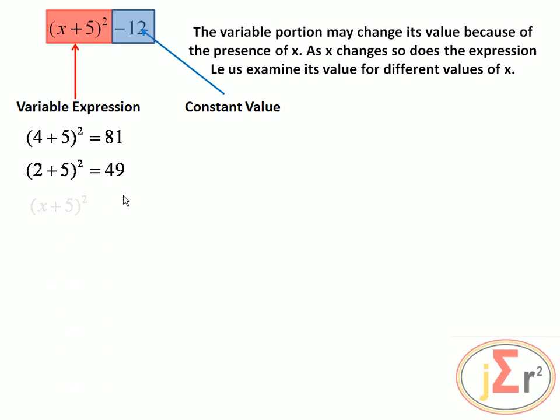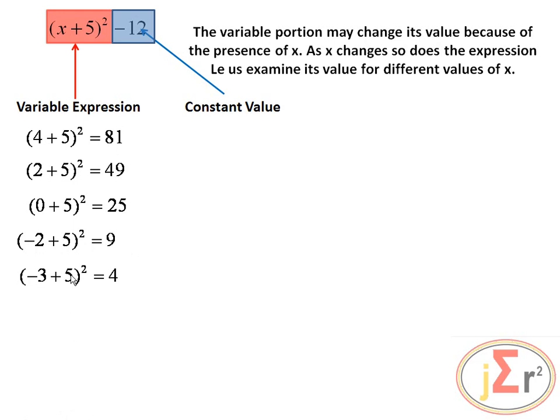And another value, 0. So 5 squared is equal to 25. And of course, we have negative 2. So negative 2 plus 5 is equal to 3. When we square 3, we get 9. This time, negative 3 is added.